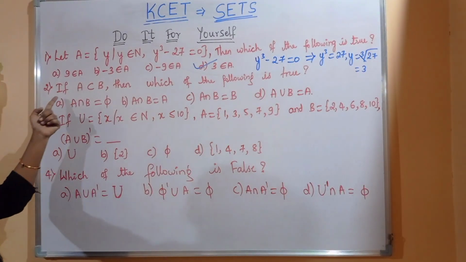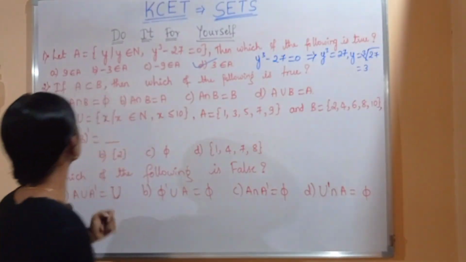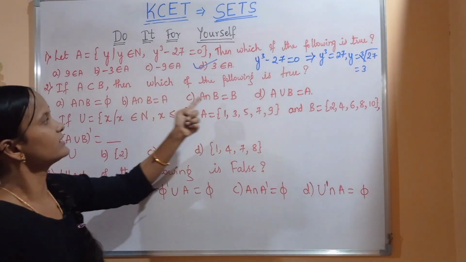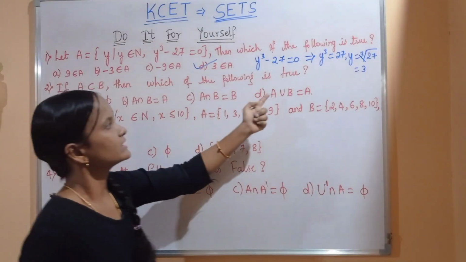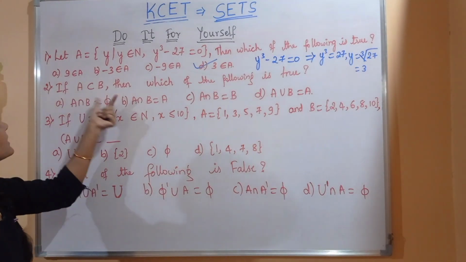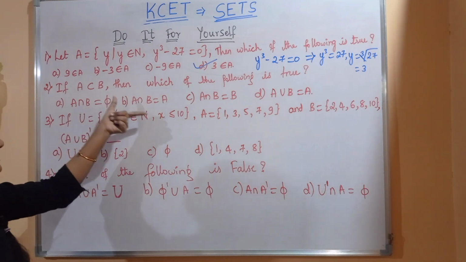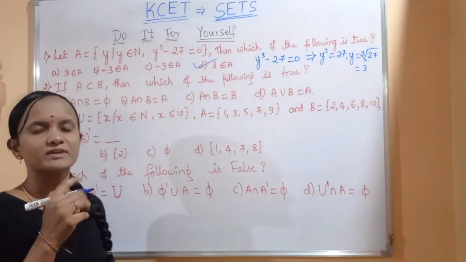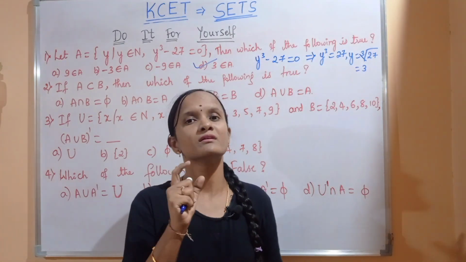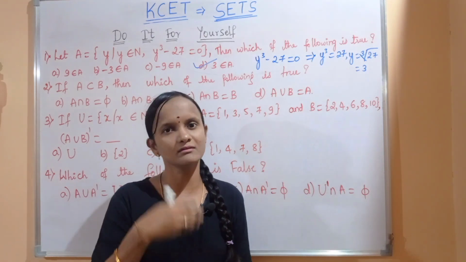Next, the second one: if A is a subset of B, then which of the following is true? A intersection B is equal to null set, A intersection B is equal to A, A intersection B is equal to B, A union B is equal to A. See here, it is given A is a subset of B. If there are two sets and there is a subset condition between them, then the smallest set will be the intersection value.